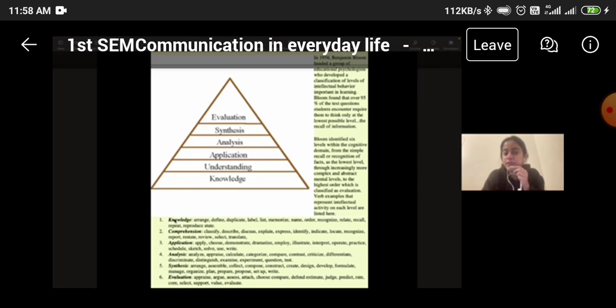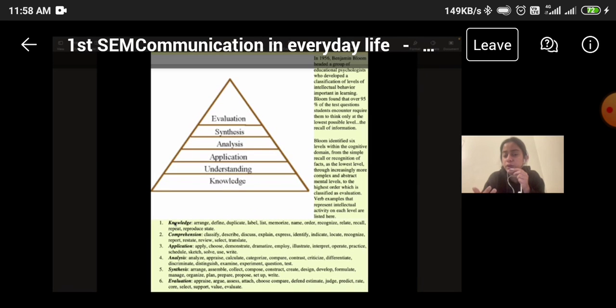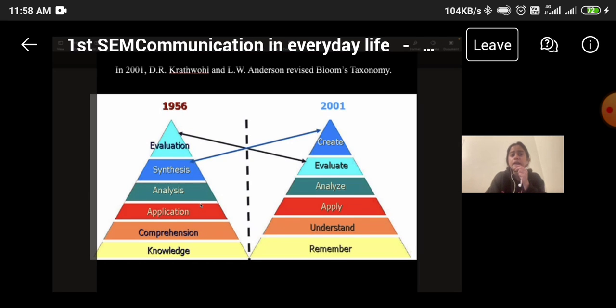And finally, we come to evaluation. What is evaluation? Where we argue, where we predict, where we judge, where we support, where we value, where we evaluate.